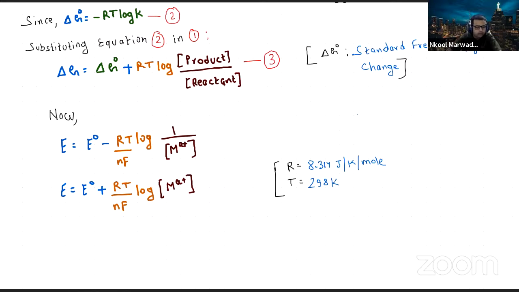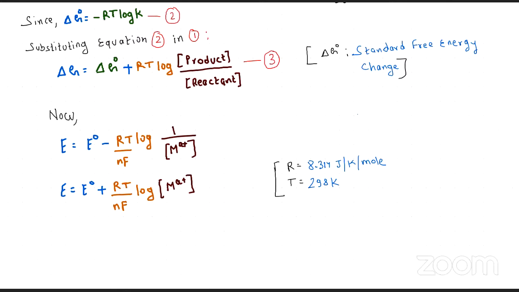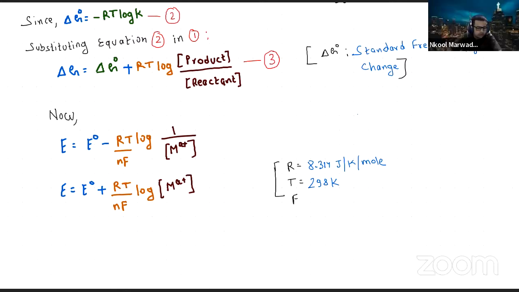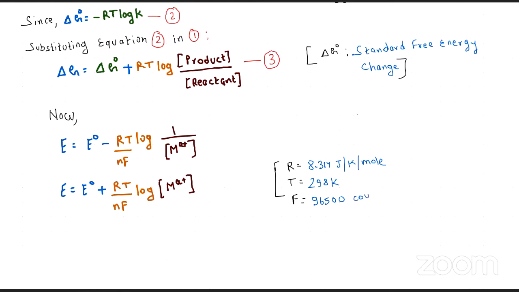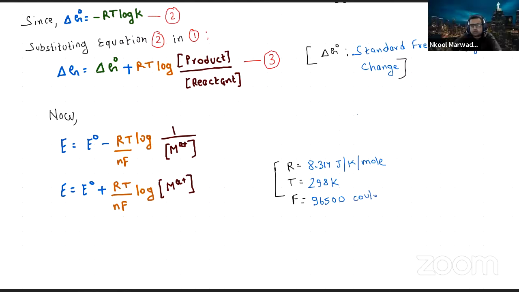And we have F, that is the Faraday charge, that is 96500 coulombs. This is the charge. So these are the values, the constants we know.